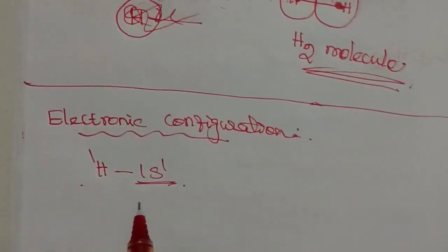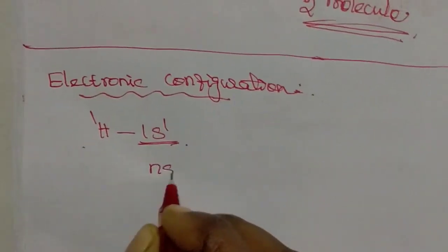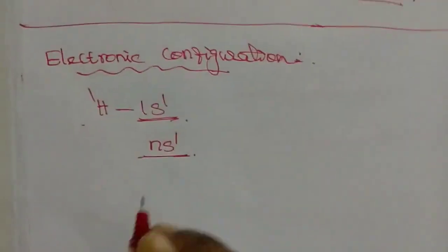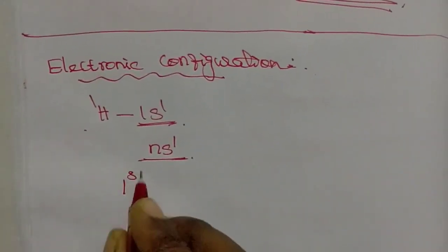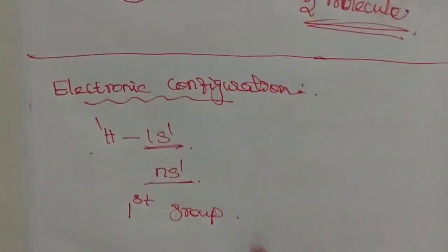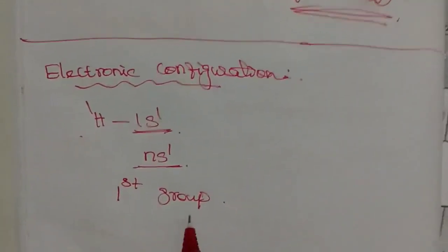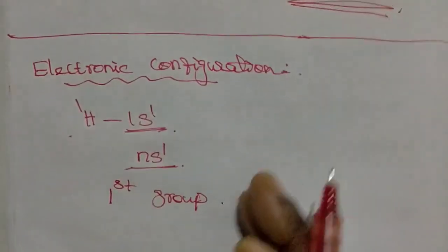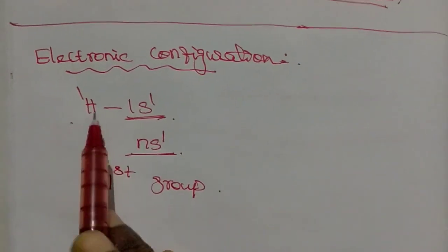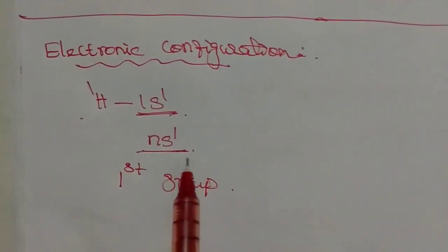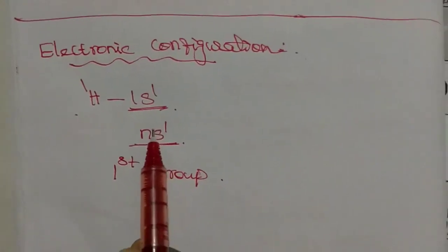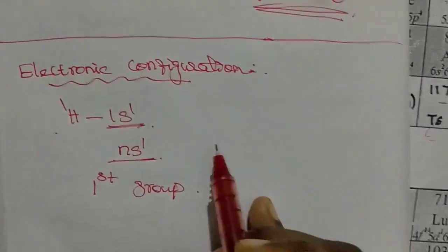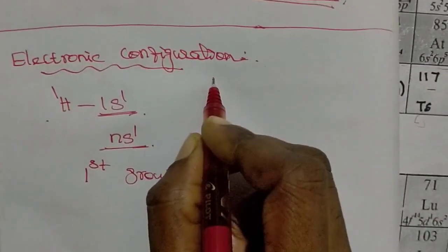The general electronic configuration is ns1, which is the general electronic configuration of alkali metals, that means the first group. So it has some similar properties with the alkali metals and also with the halogens. In this topic we are going to learn the similarities between hydrogen and alkali metals, and between hydrogen and the halogens.